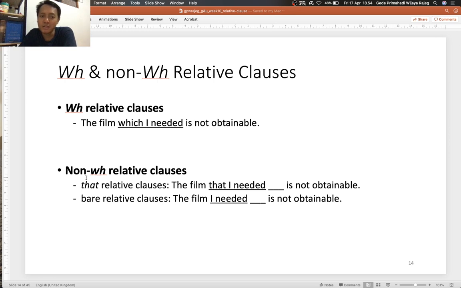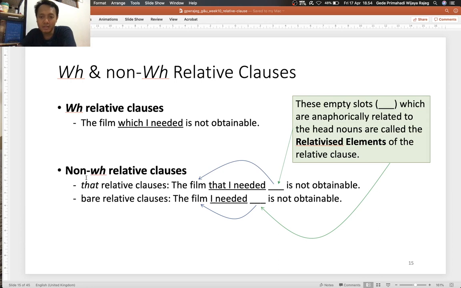In the that relative clauses, there is a relative word, but it is not a WH word, it's just that. And these two empty slots are anaphorically related to the head nouns. This slot is supposed to be filled by film in these two non-WH relative clauses, and these empty slots are called relativized elements.